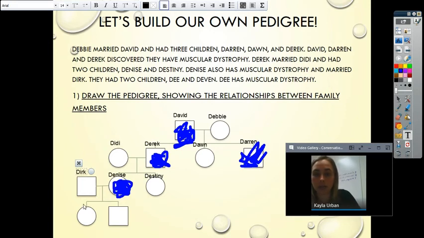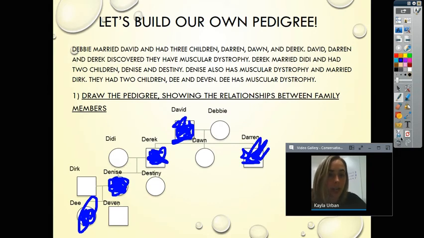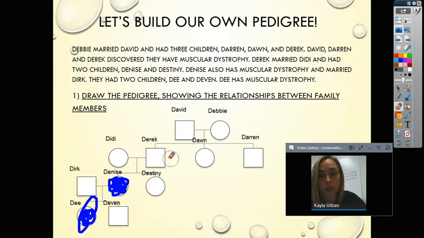And Dee has muscular dystrophy. What I'm going to do here is actually erase my beautiful coloring, and go to the next slide because it has it all filled in.